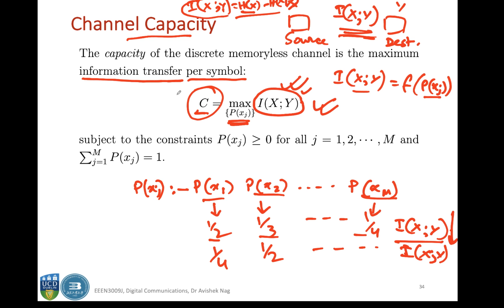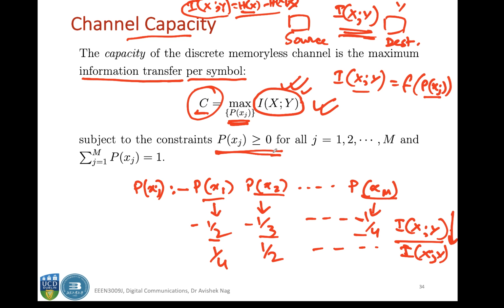But there has to be a certain constraint. These values have to be non-zero. That is one constraint: subject to the constraint that p of xj should be greater than or equal to 0. So this can be 0 or greater than 0.